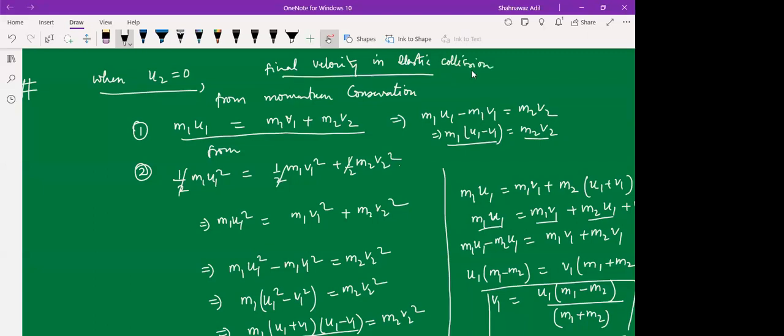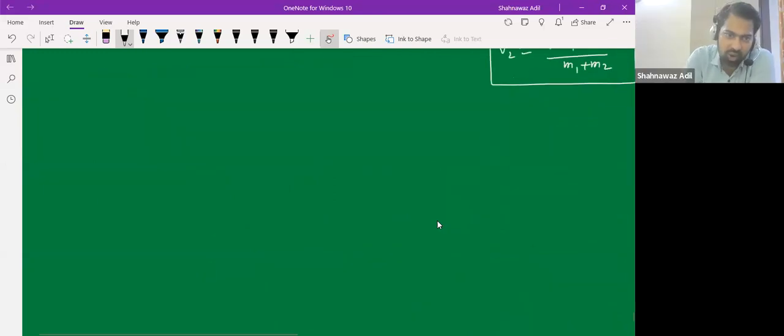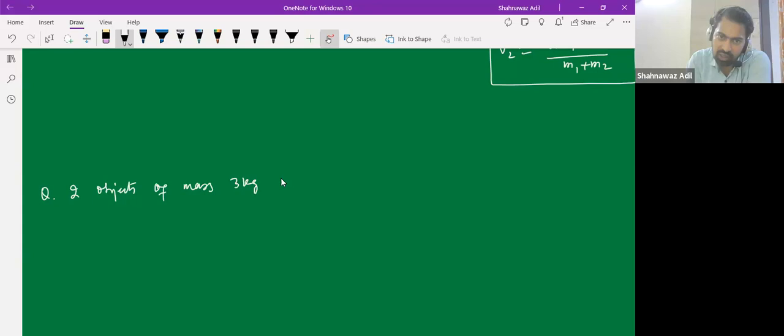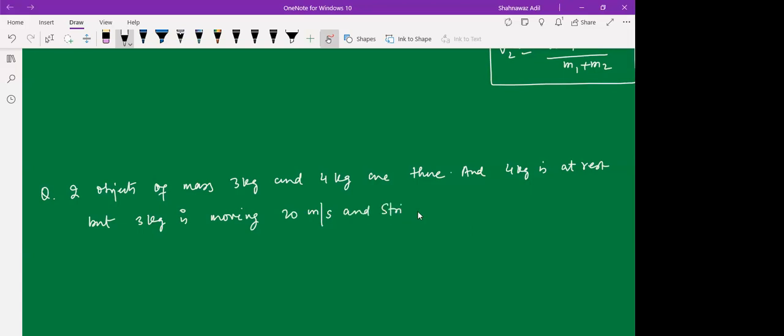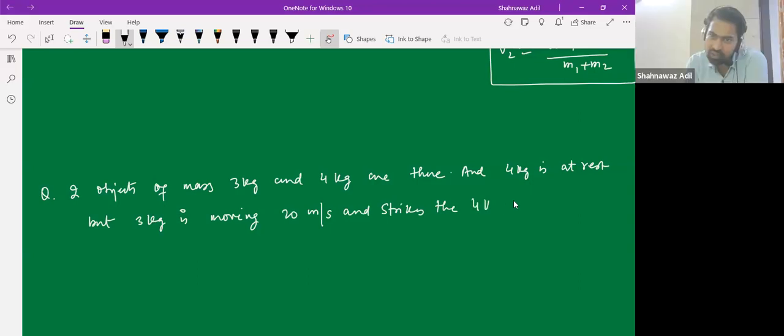So they will ask that, let's say two objects of mass, let's say 3 kg and 4 kg are there, and 4 kg is at rest, but 3 kg is moving with, let's say, 20 meter per second, and strikes the 4 kg one.